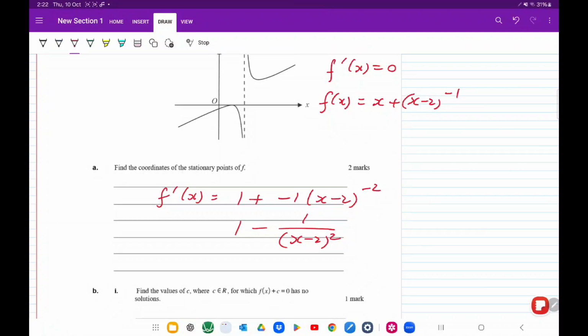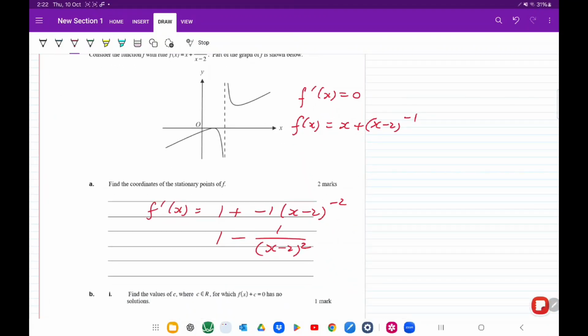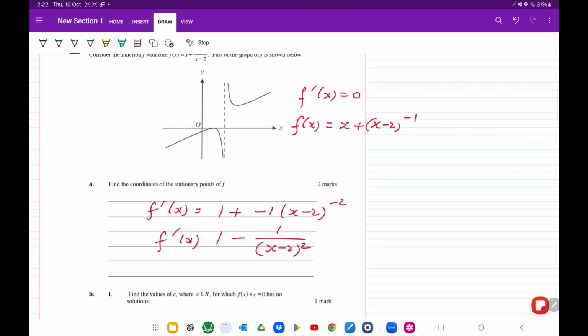Now, we want to find where the stationary points are. So this is f dash of x. Now, let's solve this for equal to 0. When we solve this for equal to 0, we get negative 1 on (x minus 2) squared is equal to negative 1.